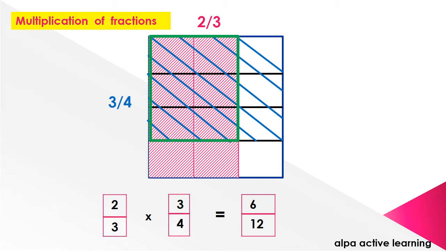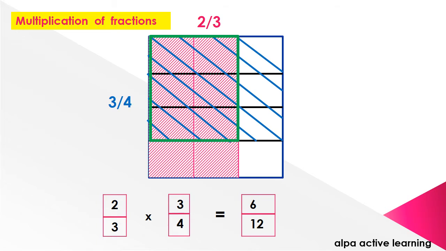Now count the total number of squares. So 1, 2, 3, 4, 5, 6, 7, 8, 9, 10, 11 and 12. Yes, the total squares are 12. And you look here, 3 4s are 12 and 2 3s are 6. Is it clear?